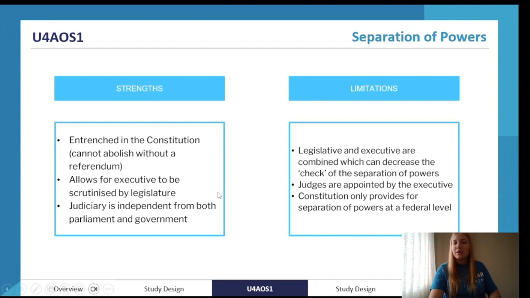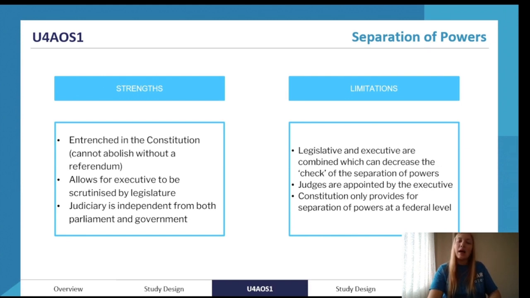Also, some other weaknesses. We already discussed the first one, but we said that judges are appointed by the executive, so obviously our Governor General acting as a representative of the Crown, and this can be not a good thing, I guess, if the Governor General has some subconscious biases.